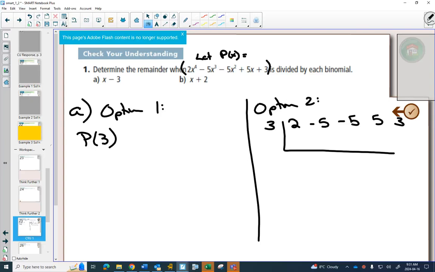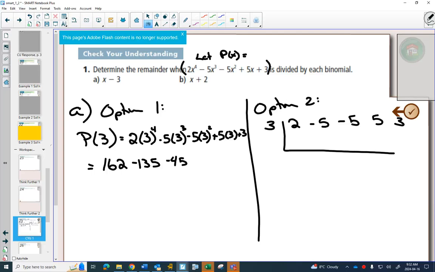Okay? If you were plugging in 3, this would mean each x gets replaced with a 3. So I'm just replacing all of the x's with 3's. And now I have some mental math to do. 3 to the 4, 81, times 2, 162. 3 cubed, 27, times 5, minus 135. 3 squared, 9, minus 5, minus 45. 5 times 3, 15, plus 3.